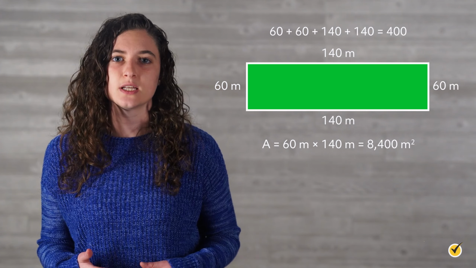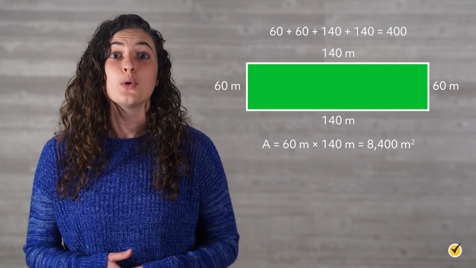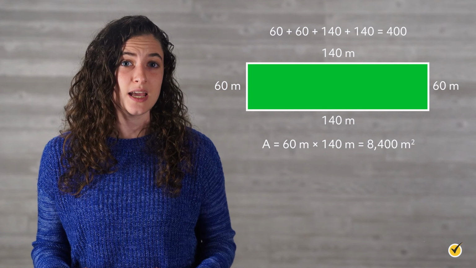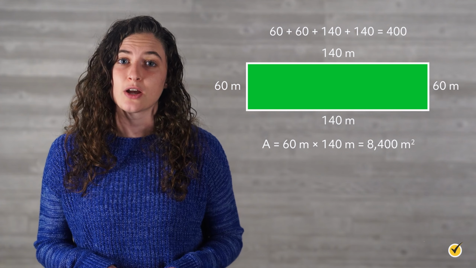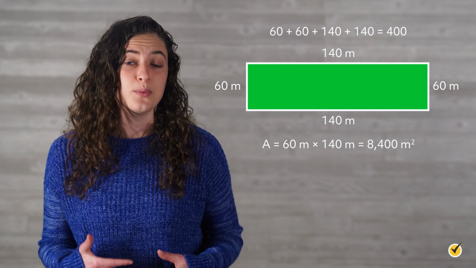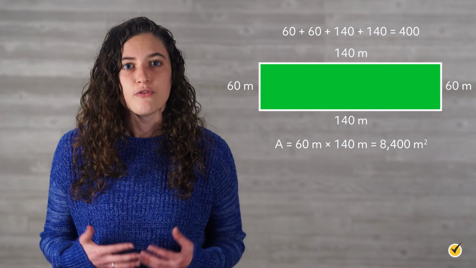If we keep increasing the width and decreasing the length, we will continue to see increases in area up to a point. Eventually, a maximum area will be reached, and then the area will begin to decrease. For example, if we increase the length all the way up to 199 meters and decrease the width accordingly to just 1 meter, the area of the field will only be 1 times 199, which equals 199 square meters.